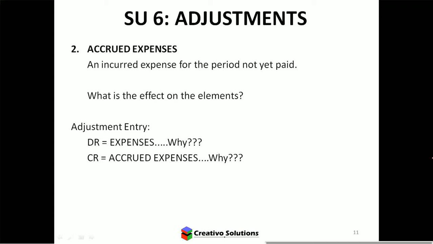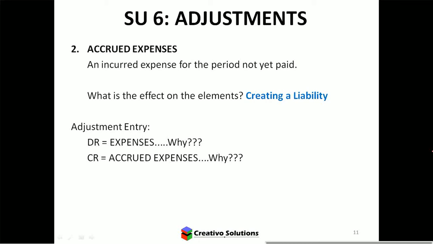We're going to provide for what? An asset or a liability? A liability. Correct. So you're creating a liability for something that you haven't paid. If you haven't paid for it, is your expense too high or too low? Too low, because you haven't paid. Correct.